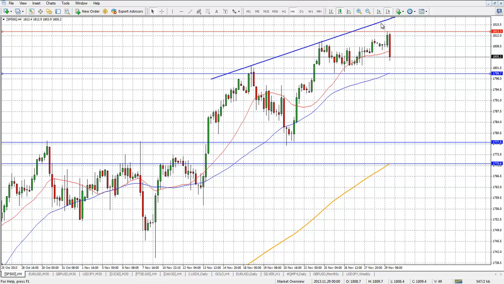We can apply Bollinger Bands, we can apply a few other bits and pieces there as well, which are pointing to this 1818 or 1820 level as a logical level of resistance on the way up.